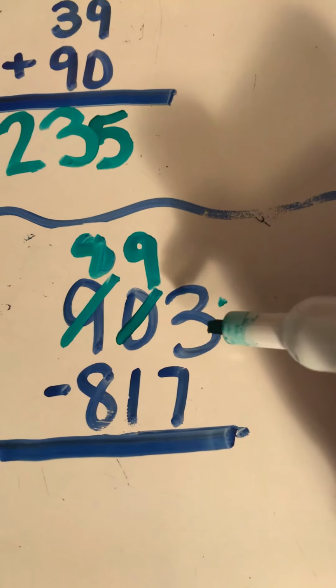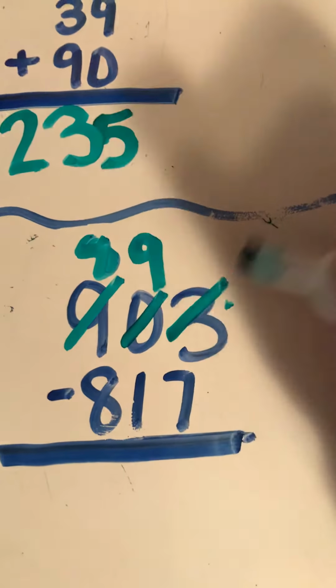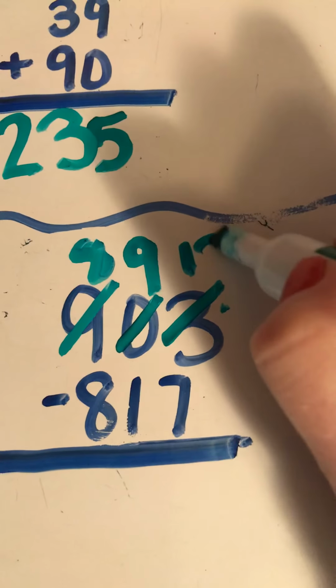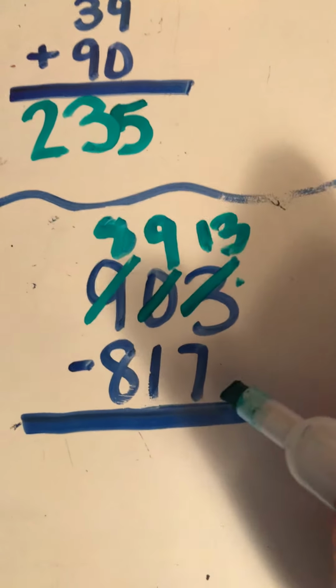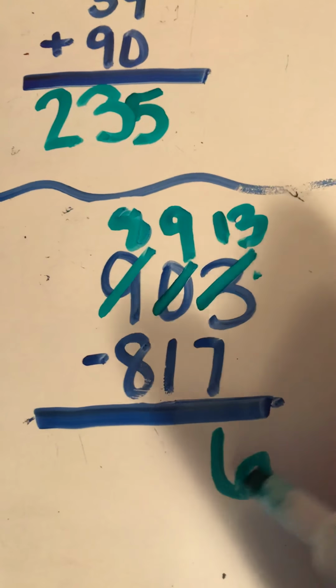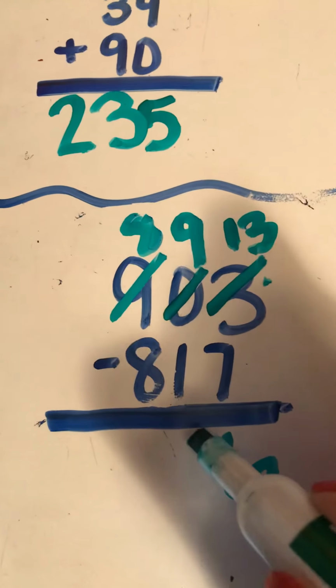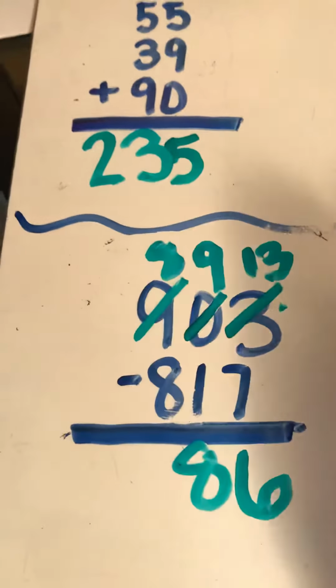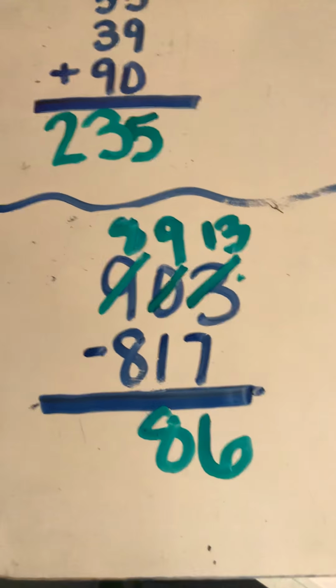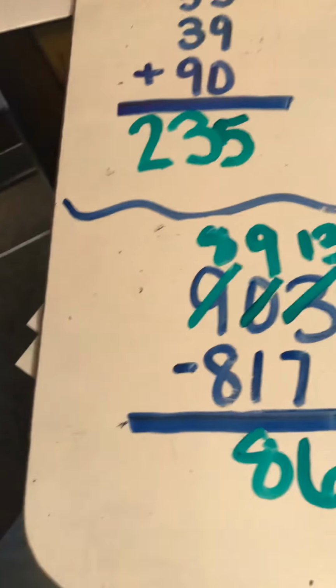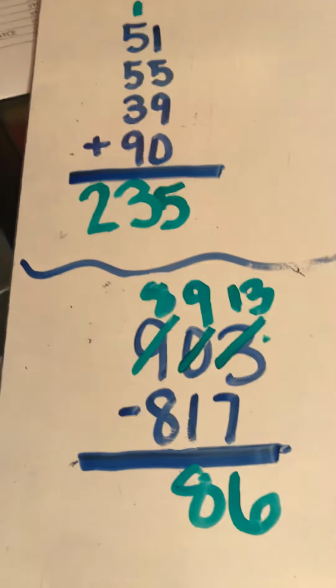Now we can make this a 13. So now we have 13 minus 7 is 6, 9 minus 1 is 8, and of course 8 minus 8 is 0, so it is 86. Take your time, work these problems out.